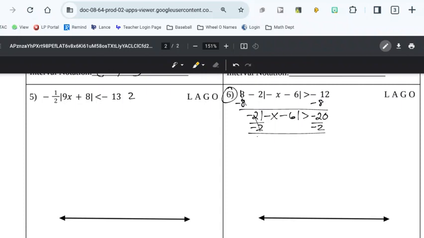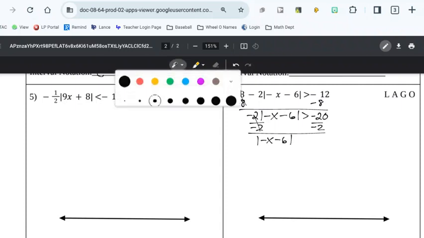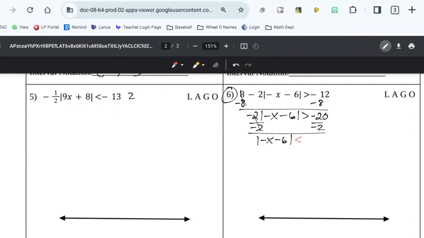When we divide by a negative and we have inequalities, remember that we need to flip the sign. So let's jot that down. Divide by a negative, we flip the sign. And then we get a positive 10.